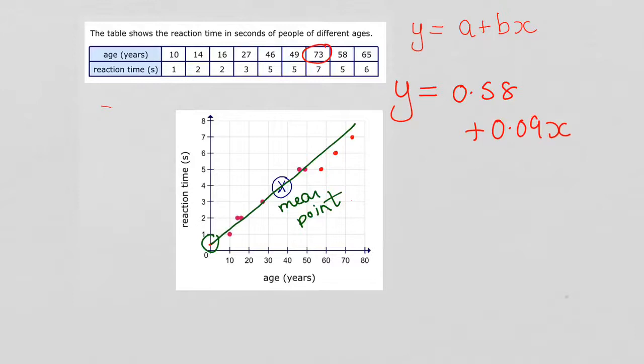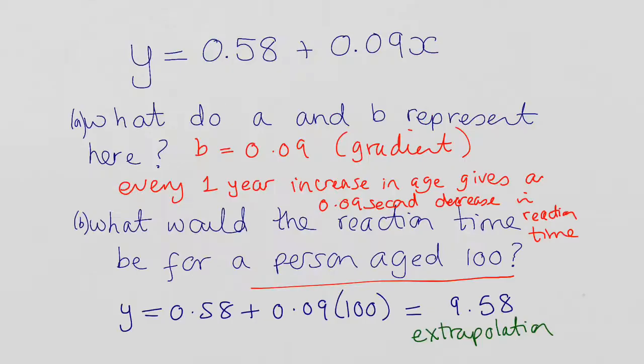For all we know, this data could suddenly start going down after this. Maybe as we get older and older and older, we become superhuman. We don't know. Okay? So outside the range of our data, it's actually quite unreliable.